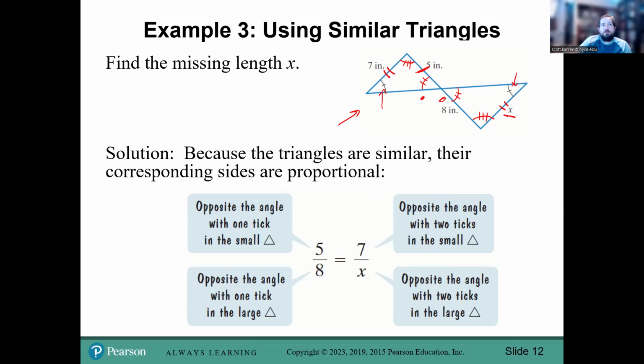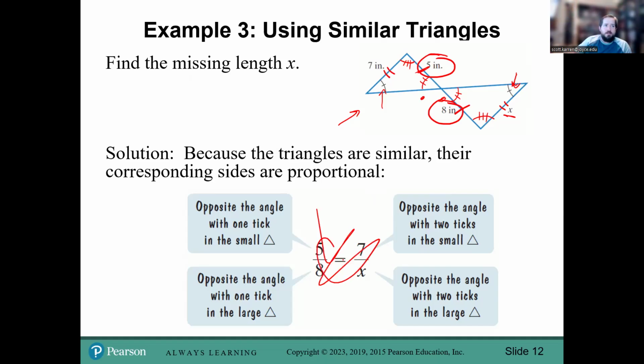The angle, 1 angle mark here has that side. And so I can take these corresponding sides, and the ratio of them is going to be the same as the ratio of every other corresponding side. So that is to say 8 divided by 5, or they've done it the other way, 5. I don't know why they would do it the other way.